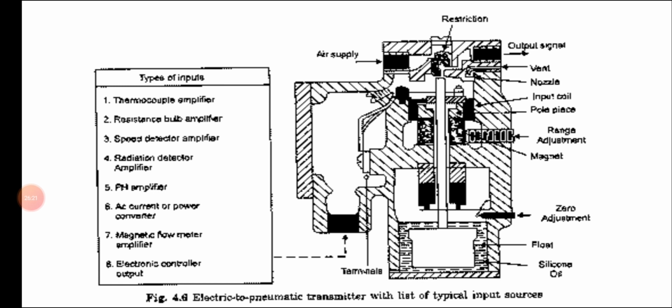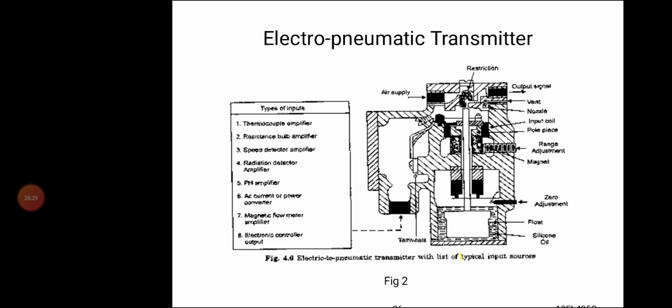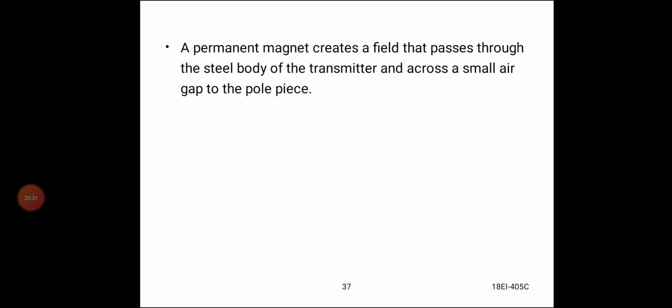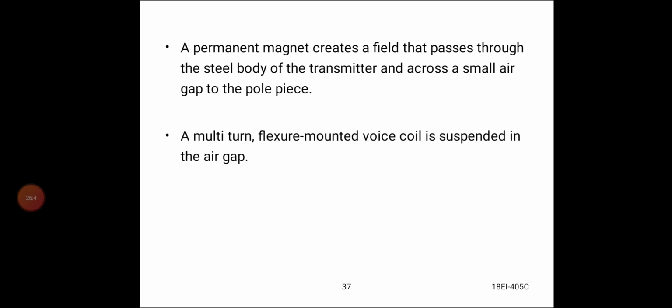The electric to pneumatic transmitter with a list of typical sources is shown in the slide. A permanent magnet creates a field that passes through the steel body of the transmitter and across a small air gap to the pole piece. A multi-turn flexure mounted voice coil is suspended in the air gap.